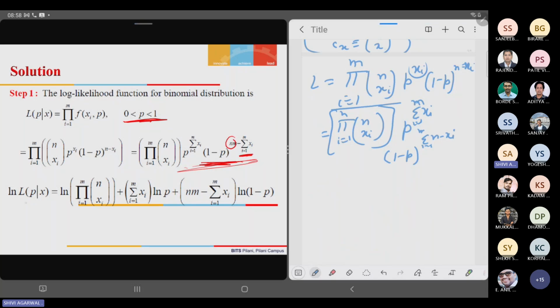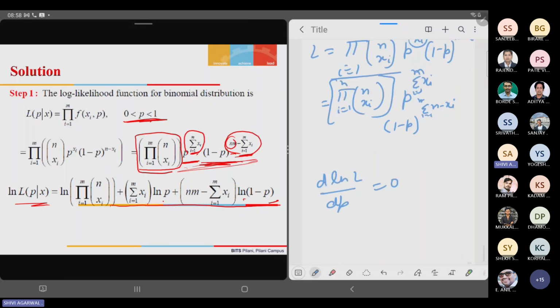Now we are taking the logarithm of it. So the logarithm is the log of this part as it is. Now this one is in the power, so summation of xi ln of p, plus nm minus summation of xi ln of 1 minus p. Okay, we have to take the logarithm. Now here only one parameter, that is p. So that's why we are taking the differentiation and saying d of ln L upon dp is equal to 0.